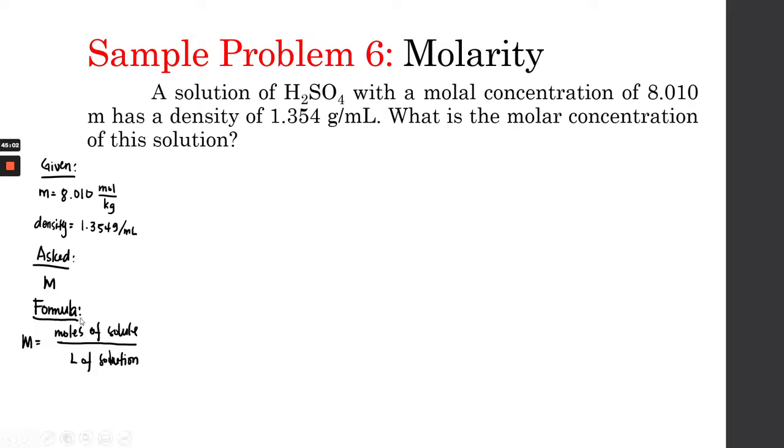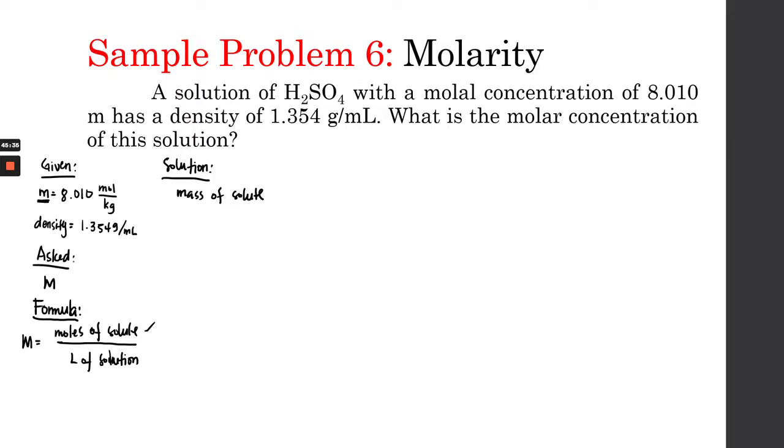Okay, so in order to solve this, we first have to find the moles of our solute and the liters of our solution. But in this case, neither were given. So how can we find the moles of our solute? To find the moles of our solute, we know that we have to have the grams of our solute. So as per solution, what we have to do first is to find the mass of our solute. And how can we do that? Well, they gave us the molal concentration.